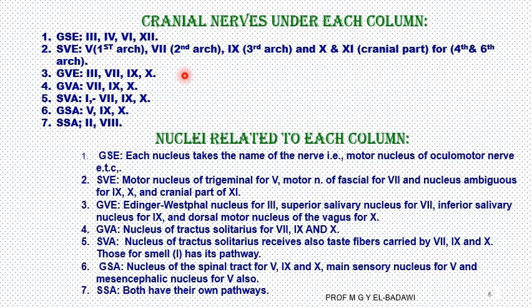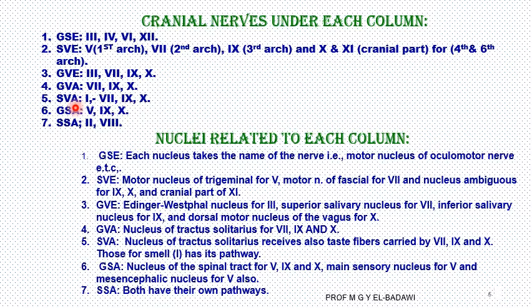The parasympathetic or the general visceral efferent are found in 4 cranial nerves: the third, oculomotor, and the seventh, the facial, the glossopharyngeal, and the vagus. The general visceral afferent fibers, again in the facial, the glossopharyngeal, and the vagus, while the special visceral afferent, the smell by number 1, olfactory, the taste by the 7th, the 9th, and the vagus.